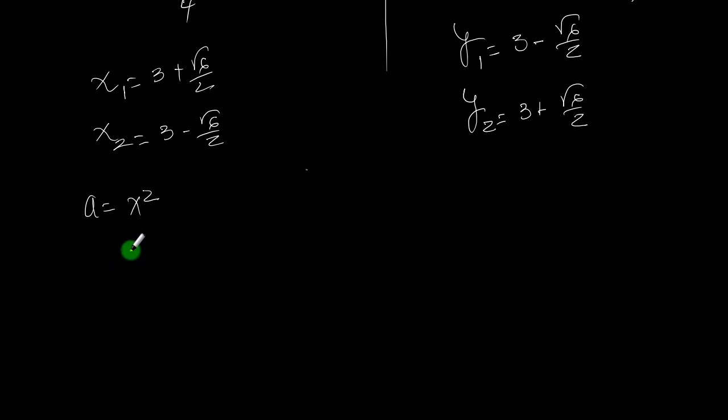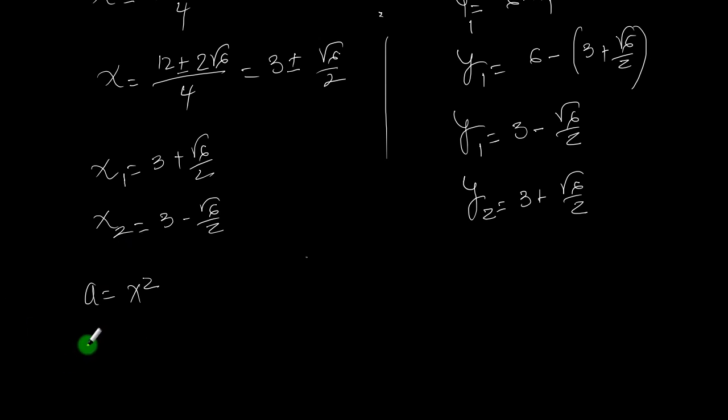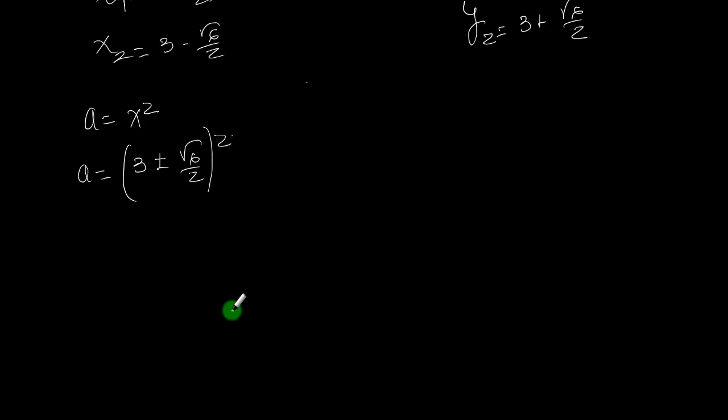So a is going to be what? This is 3 plus or minus square root of 6 over 2, squared. So how do I solve this? This is 9, plus or minus 2 times 3 times square root of 6 over 2, plus this one squared, which is 6 divided by 4.